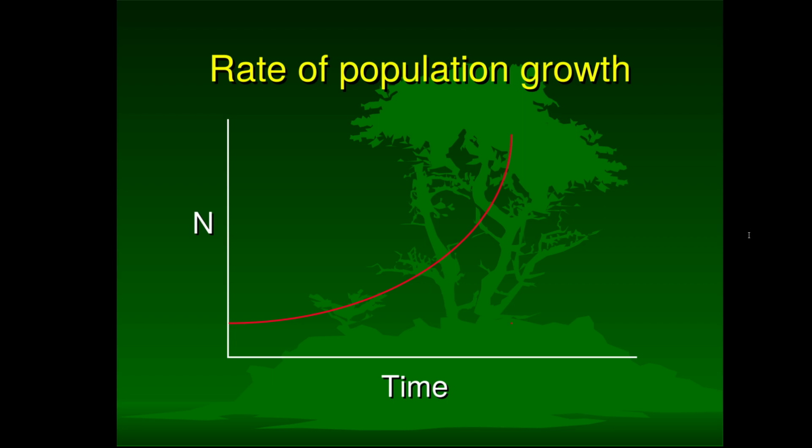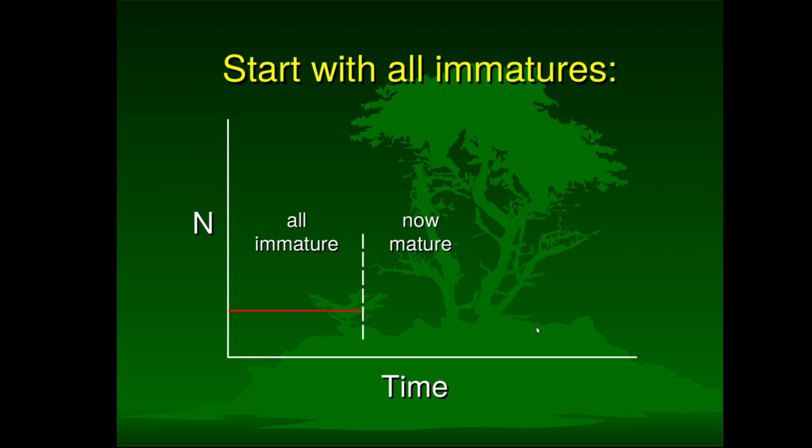And the proportion of young versus old individuals in the population can be very important in determining the rate of increase in the population. So two extreme imaginary examples can make this clear. Suppose all the n individuals in a population were too young to reproduce.